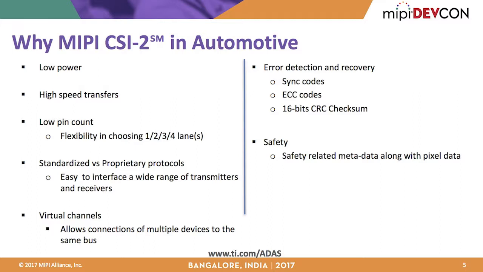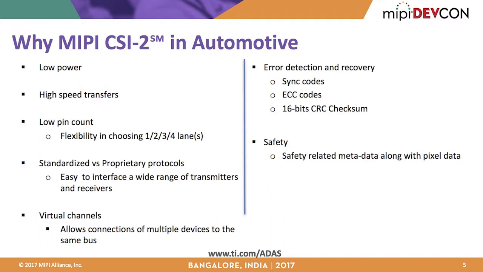And finally, safety. So there are a lot of extra features provided by the CSI2 protocol which can be used to enhance the system safety. In automotive, the safety is categorized by a level called ASIL. So it goes from ASIL A, B, C to ASIL D. And a higher ASIL level requires more functions on the processor side to detect errors and to detect failure conditions. So for example, one of the examples is ancillary data.